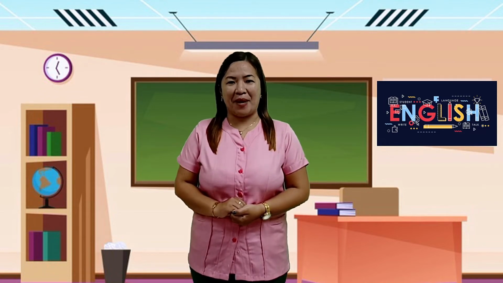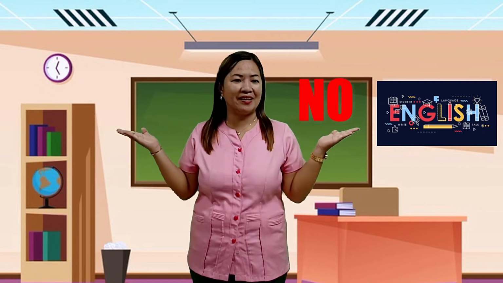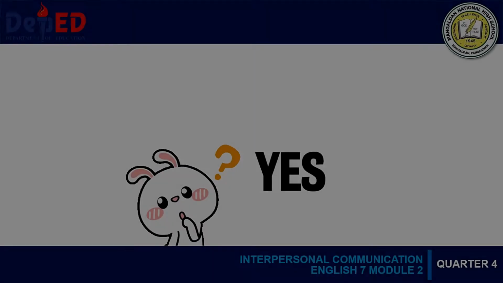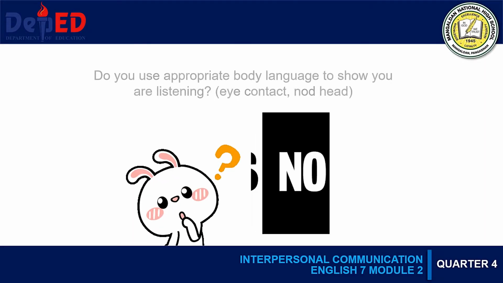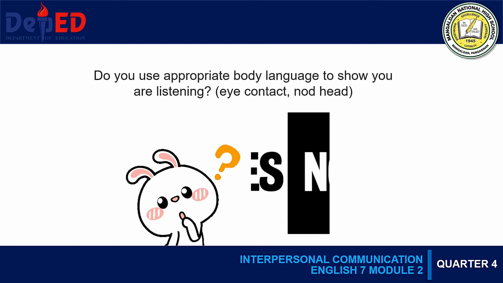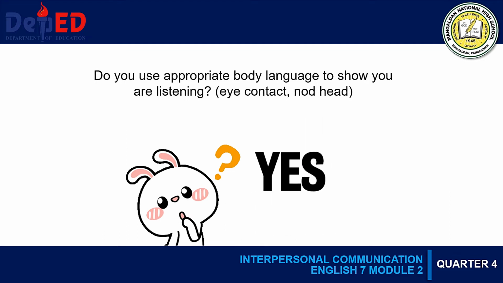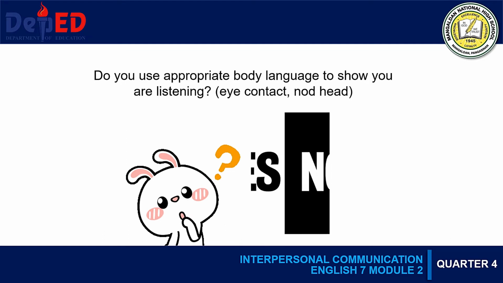Get your pens and paper and try to answer each item with yes or no. When talking to someone, do you use appropriate body language to show you are listening? Say eye contact or nod head?